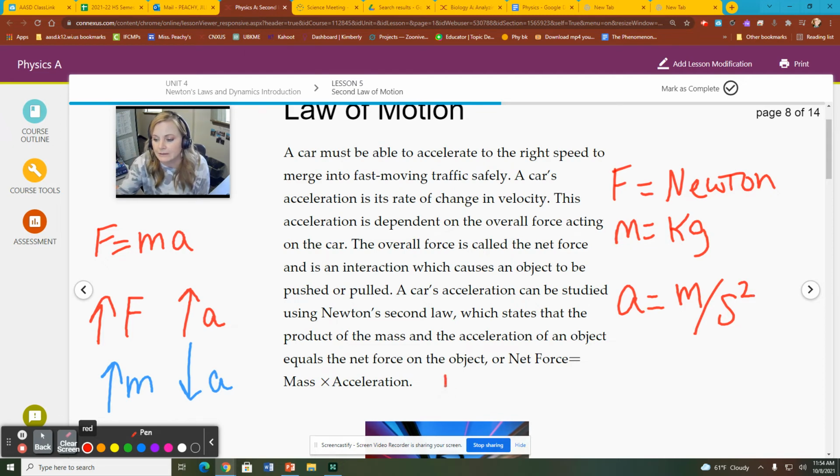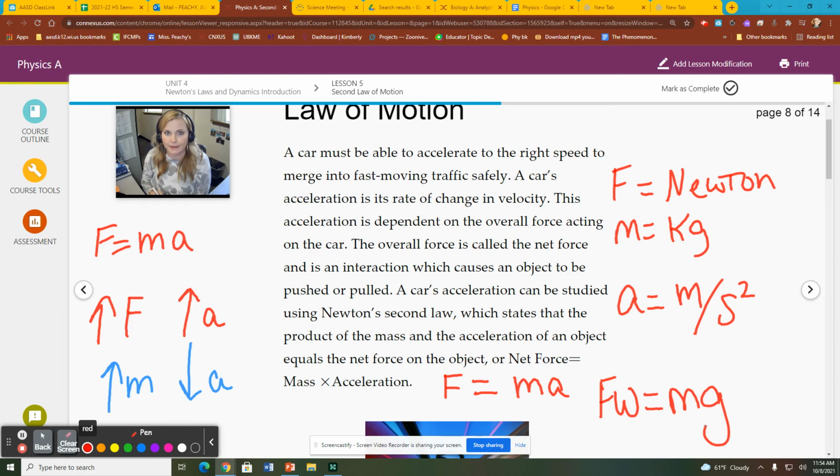How does mass and force relate? Force is equal to mass times acceleration. We just said that, right? But we also can say that force, the weight of something, is equal to mass times 9.8 meters per second squared, that gravitational acceleration. Just remember that little g is also acceleration.